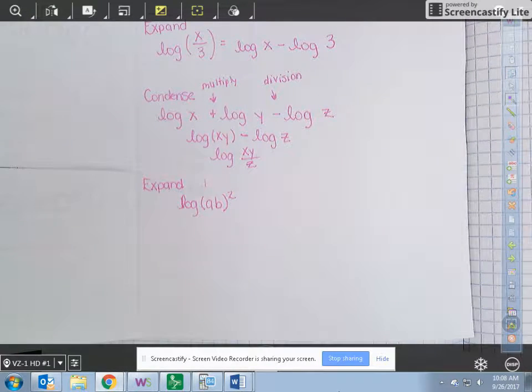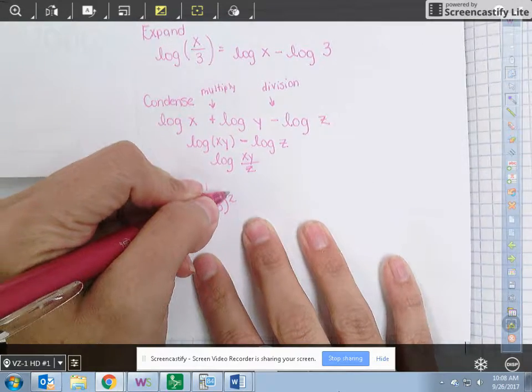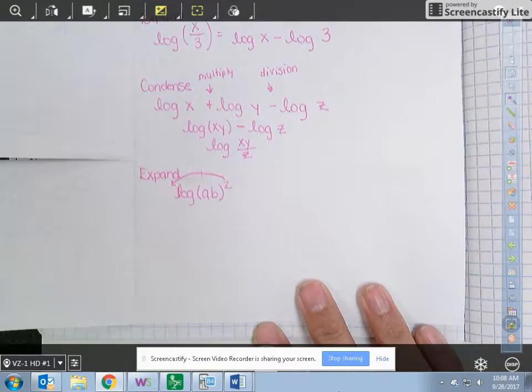All right, log of AB quantity squared. That just means parentheses. All right. When I have something raised to the power, I can bring it out front.